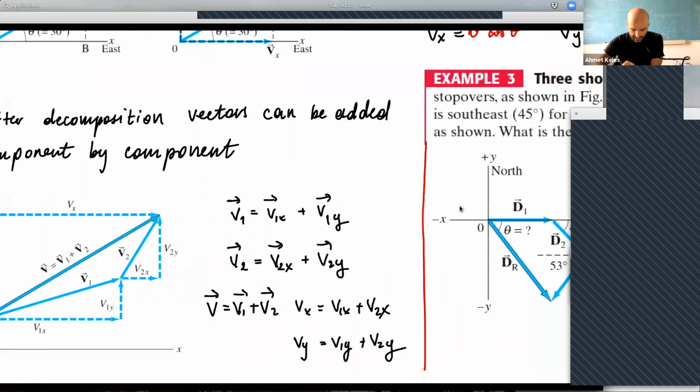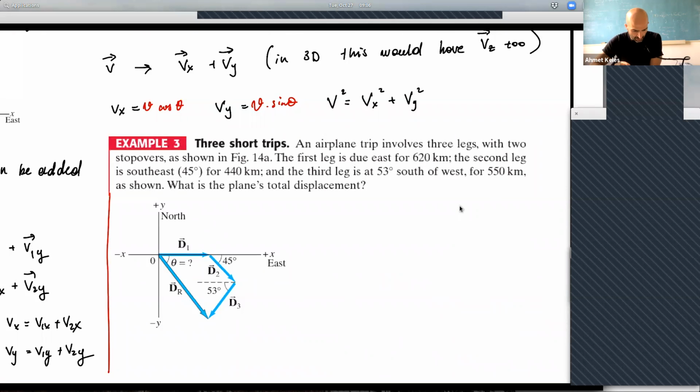Okay, here's an example, an exercise, if you like. An airplane trip involves 3 legs with 2 stopovers, like here. The first leg is due east for 620 kilometers.